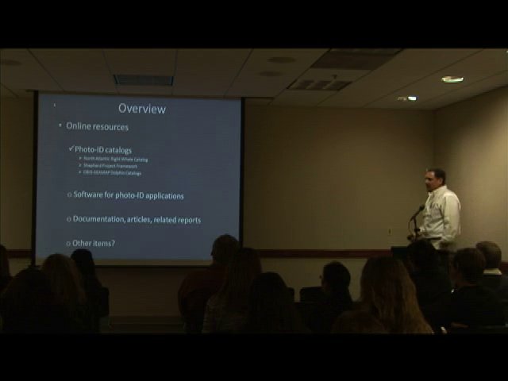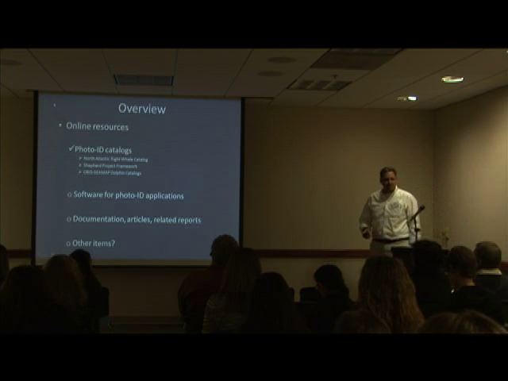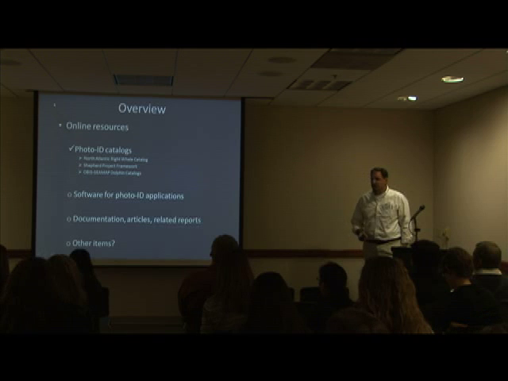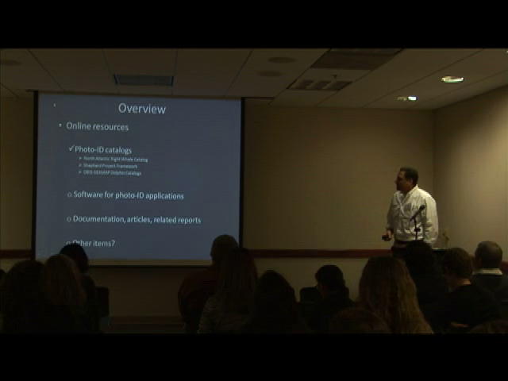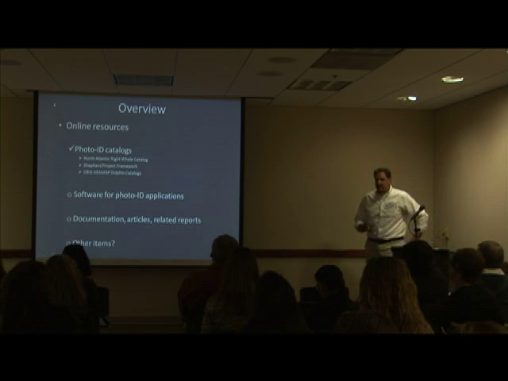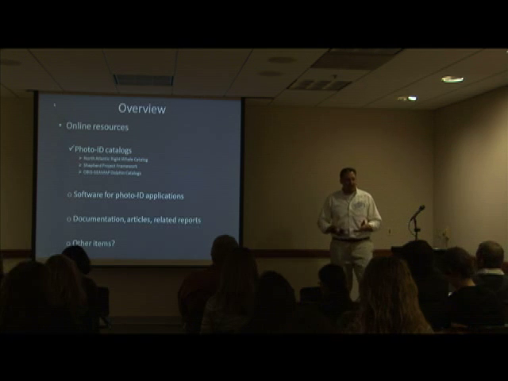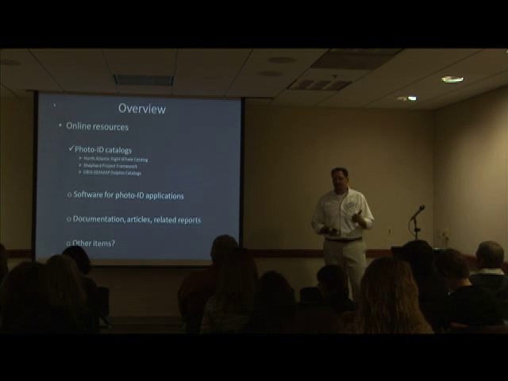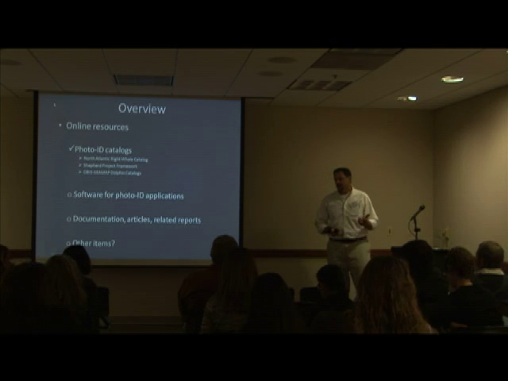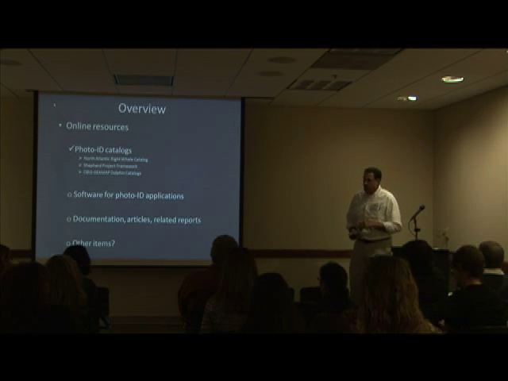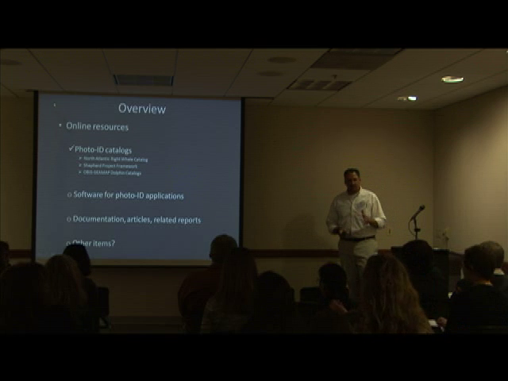as I thought about online resources and started to do some searches, basically Google searches, I ran across photo ID catalogs, and they needn't be databases online. They might be something like a PDF or a picture gallery or a Facebook page. But mainly I'm going to focus on actual databases that are available online.